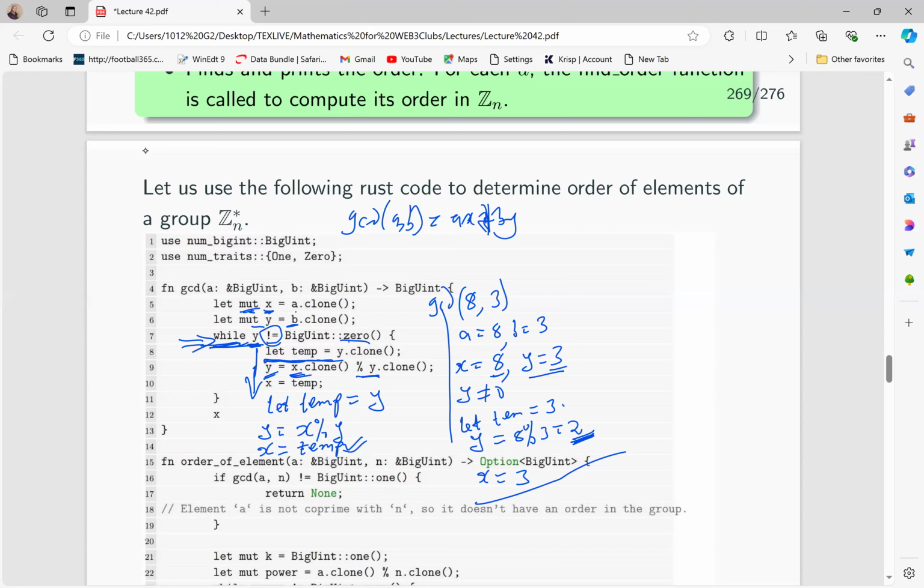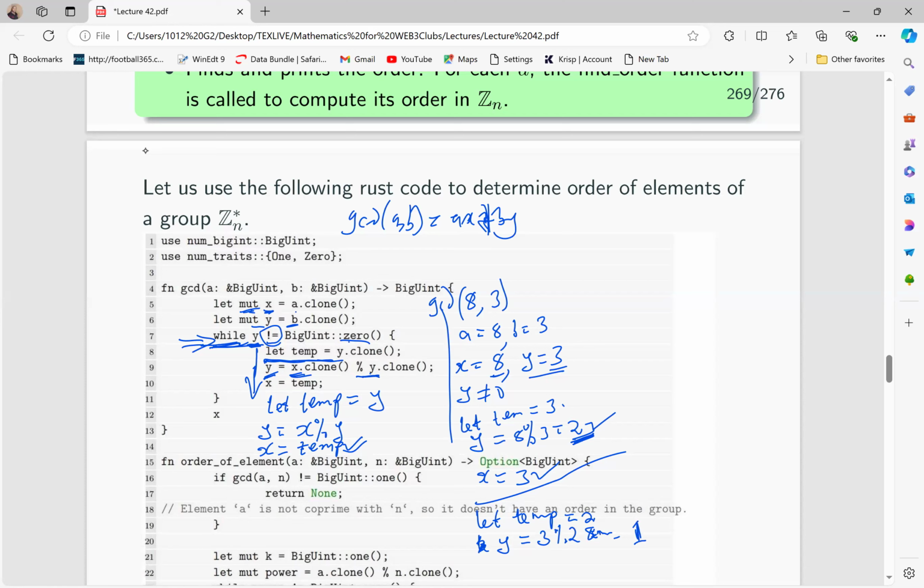Let temp be Y, and Y in this case is now 2. What is Y? Y is the remainder of X on division by Y. X is 3, and Y is 2. So the remainder of X on division by Y is 1.